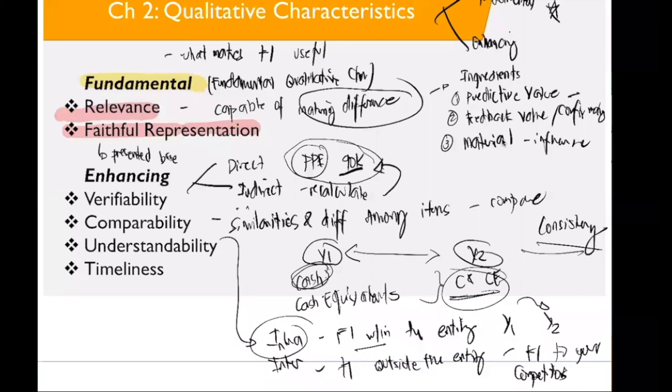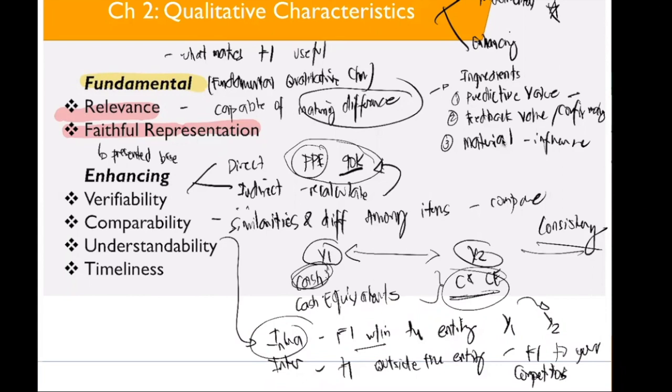Chowking will compare its financial information to Mang Inasal or Jollibee or KFC. Okay? That is intercomparability. We try to compare the financial information outside the entity. If it's within the entity, intracomparability.